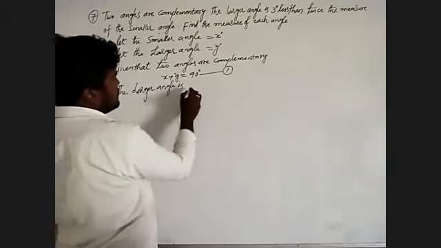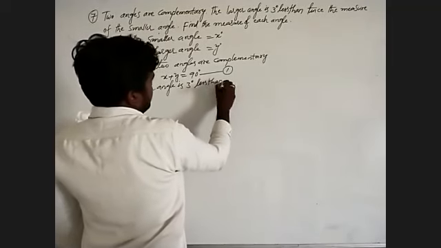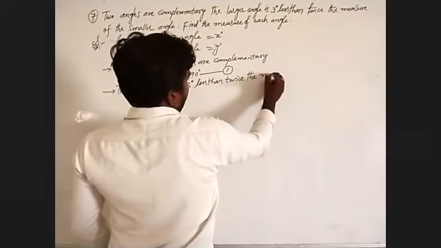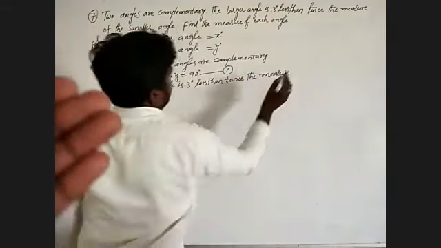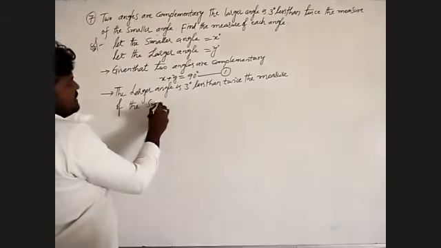After that, another condition is also given. What is the other condition? The larger angle is 3 degrees less than 5 times the measure of the smaller angle.